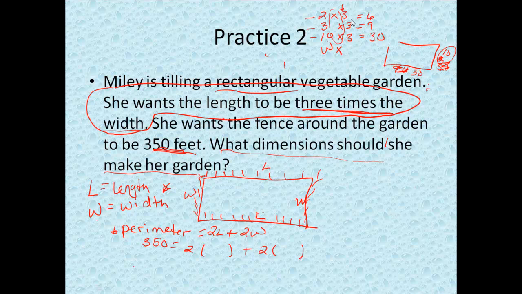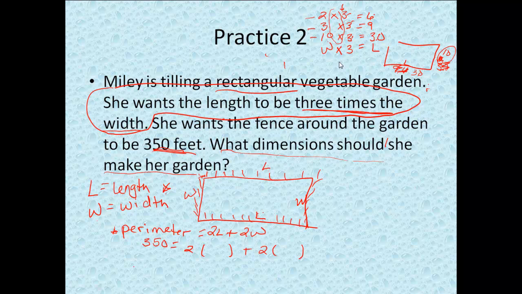And the 3 stayed constant also, so I'm going to keep the 3. The 6, the 9, the 30 were all changing, and that was my length, so instead of a number there, I'm going to put my L. So now I have L is equal to W times 3.